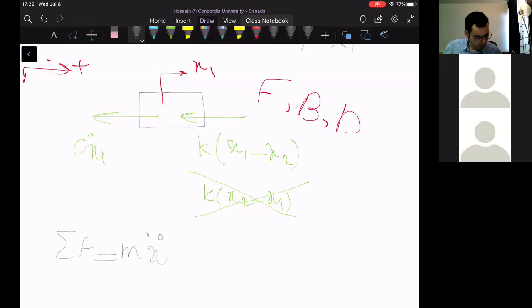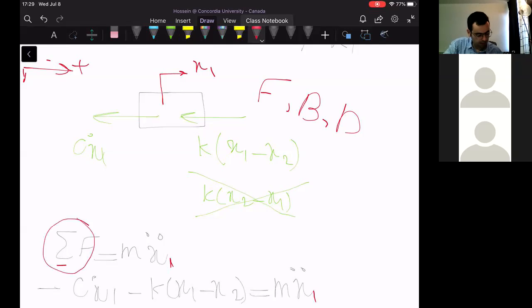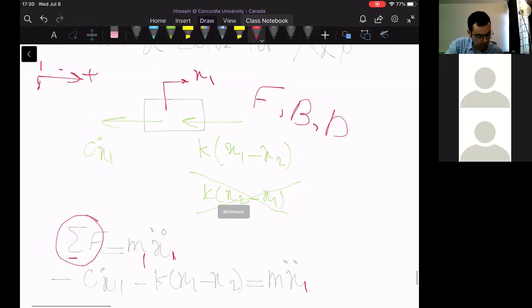So minus c x dot 1, because the right-hand side is our positive direction, and minus k times (x1 minus x2) is equal to m x double dot 1.